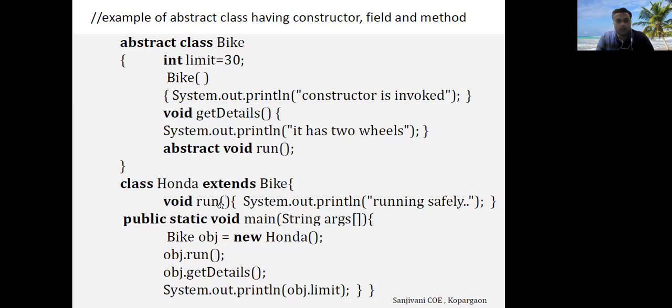Inside the Honda class, which extends the bike class, we write the implementation of the run method. Inside the Honda class, we also write the main method, and inside the main method we create the object of the bike class by calling the constructor of the Honda class. Once the object is initialized, it will call the methods of the abstract class.